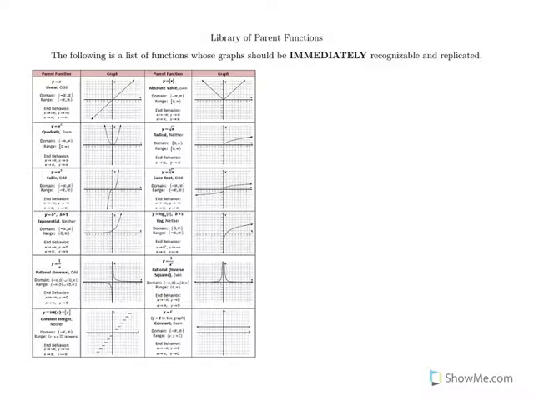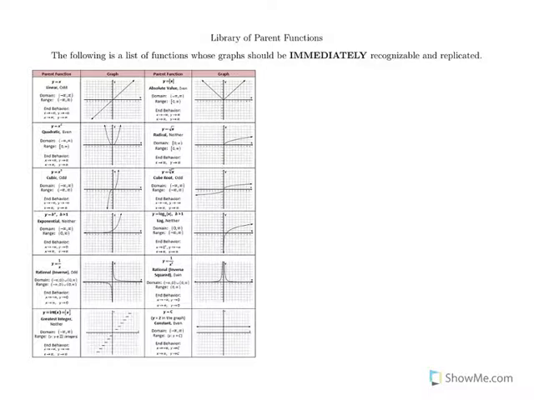Absolute value is a good example of a function with some calculus properties we're going to look at. And then we have x squared, a great function we need. Square root of x is one that we need. X cubed, cube root, those are all good. And then some more that we learned in pre-calc. What is an exponential function?